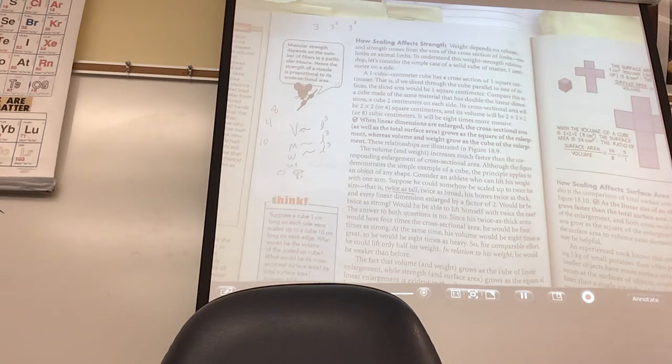Let's try again. The one-dimensional is 1, cross-sectional area would be 1, and the volume would be 1. Okay? So I've got some numbers here. But what if I made this 2 times bigger? That'd be 2, and this would be what? 4, it'd be the square of that, wouldn't it? And then the cube would be 8.